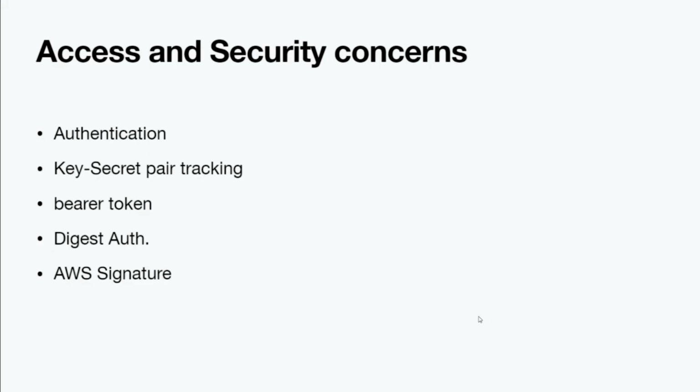So coming to the access and security concerns, as I said, one organization can access the data from another organization using their APIs. But what if some unethical person utilizes that data for something illegal, or something that the company providing the API does not want to happen to its data? For that purpose, they do authentication.